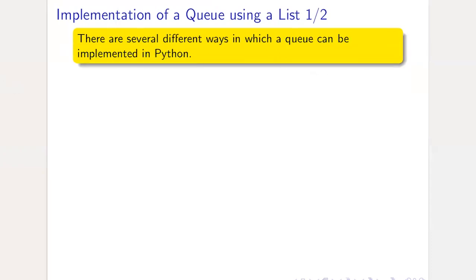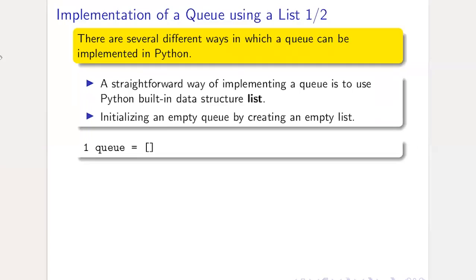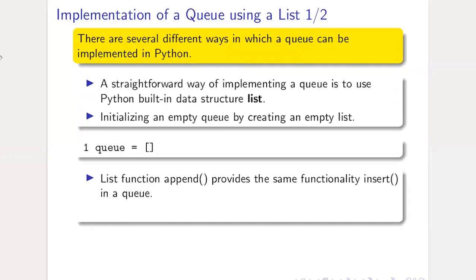So let's look at the implementation of a queue using Python. Again, we can use a list, which is a built-in data structure available with Python, very fast in operation. To create an empty queue, we simply initialize a list: the two square brackets with nothing in them is an empty list.